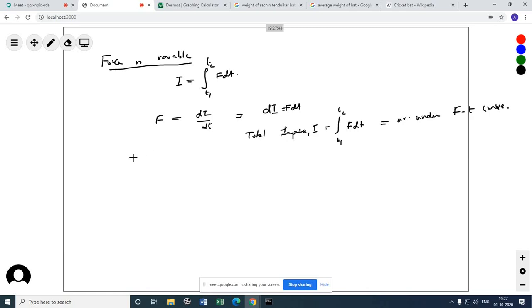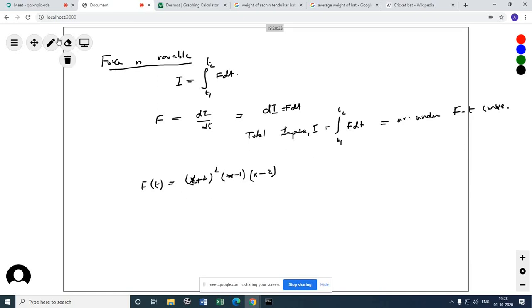For example, F can be this, x plus 2 whole squared, x minus 1, again x minus 2, and so on. Here x is my t. So in that way also it can be done.